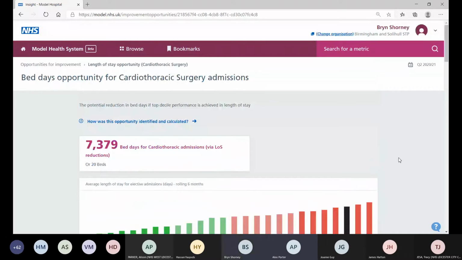I was going to ask, is this live yet, or is this something that's in the preview version? Because I can't see it. Yeah, this is the live version, so you should all be able to see this. I get highlighted metrics, but I don't get the opportunities for improvement section.